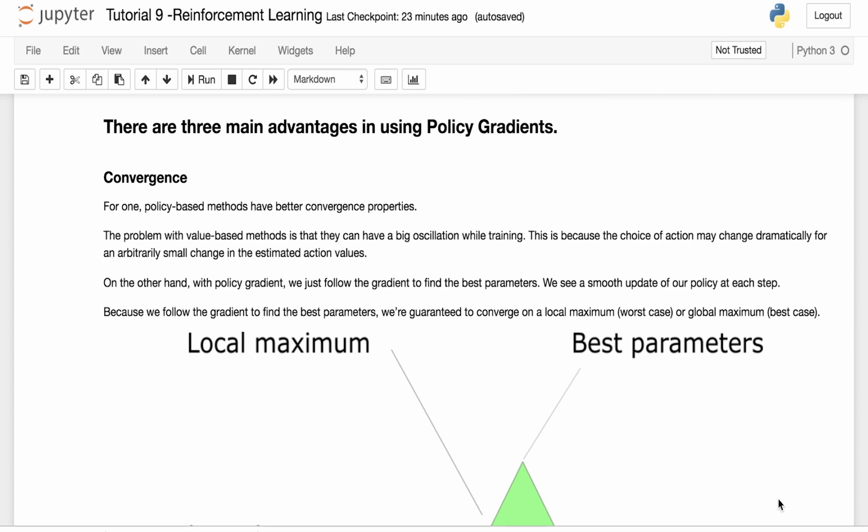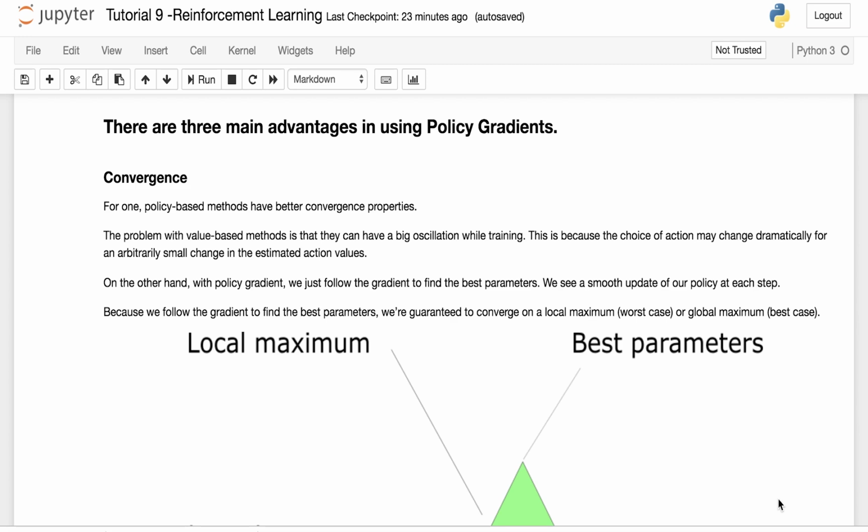So we started from convergence. The problem with value-based methods is that they can have big oscillations while training. This is because the choice of action may change dramatically for an arbitrarily small change in estimated action value.